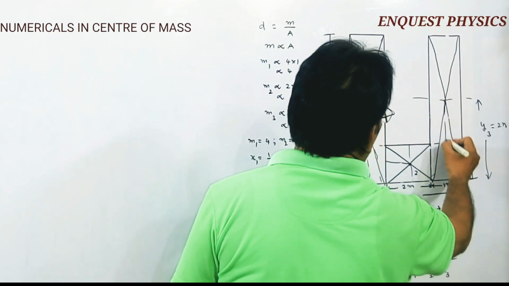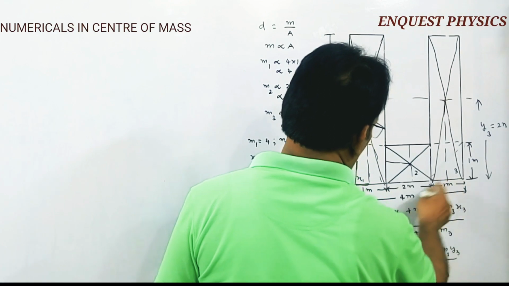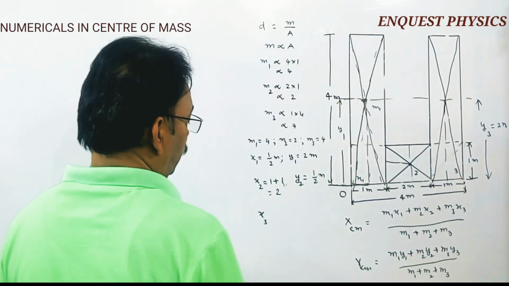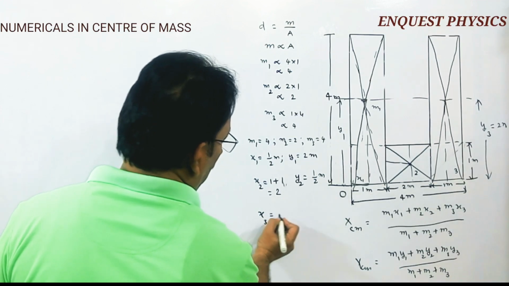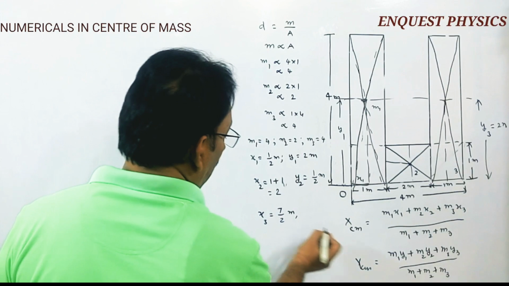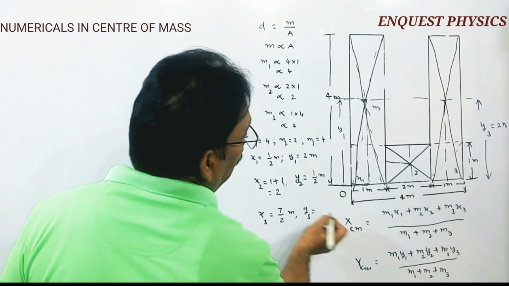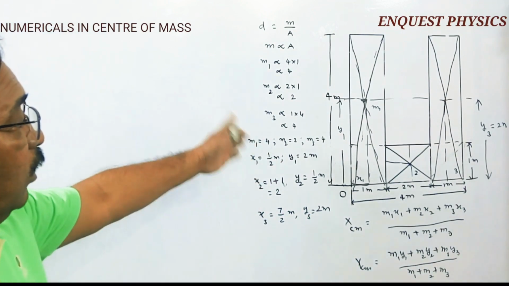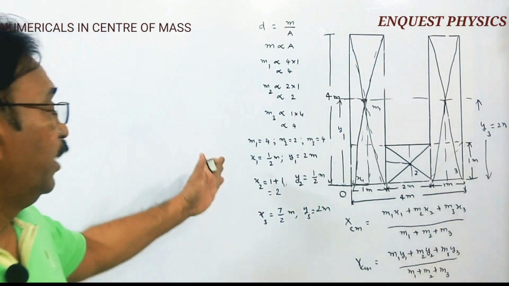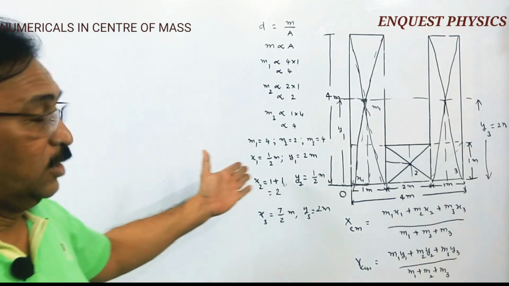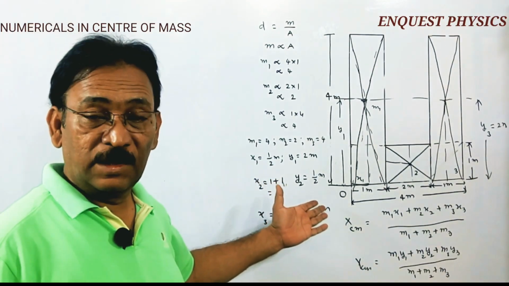And measuring this, it is 1 plus 2 plus half, 3 and a half, means 7 by 2 meter, and y3 is 2 meter. We got the values of the coordinates, that is x1, y1, x2, y2, and x3, y3.